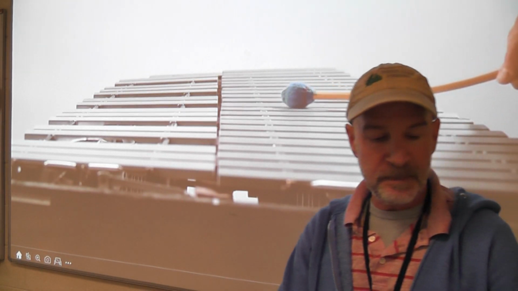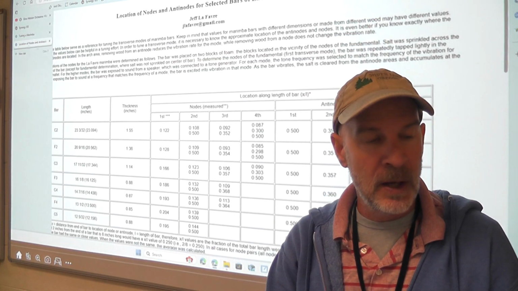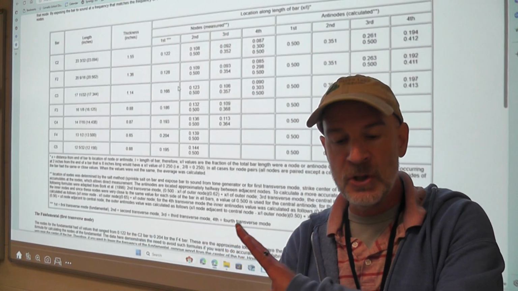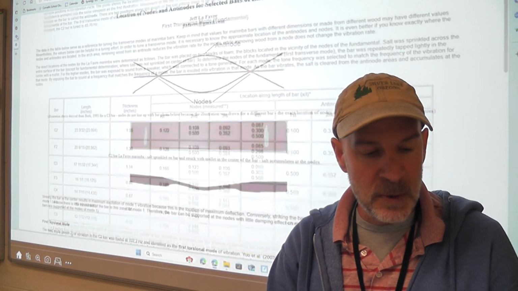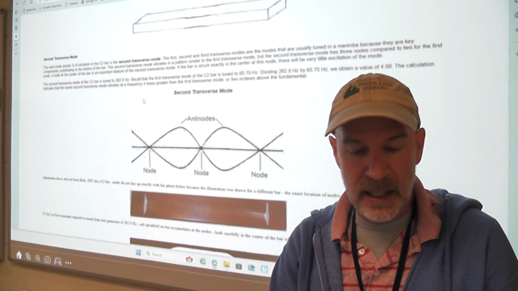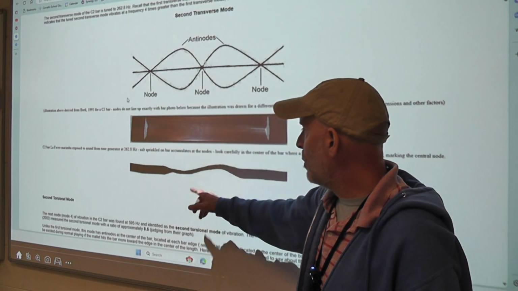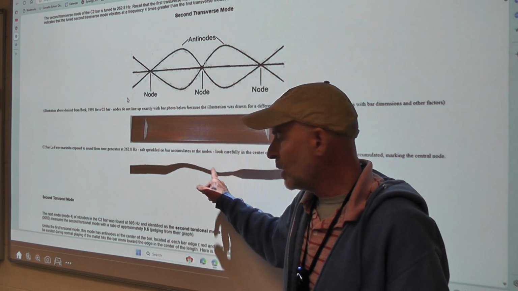And if you looked at a real tone bar and could zoom in and really look at it closely, what you would see is not only is it vibrating like this, like a jump rope, but it's also got two little mini jump ropes in it, one here and one here.